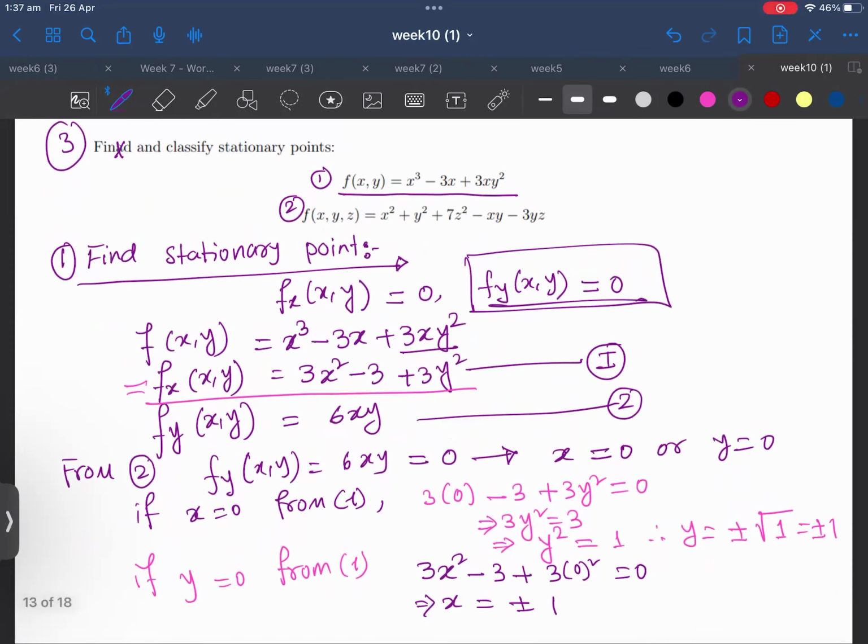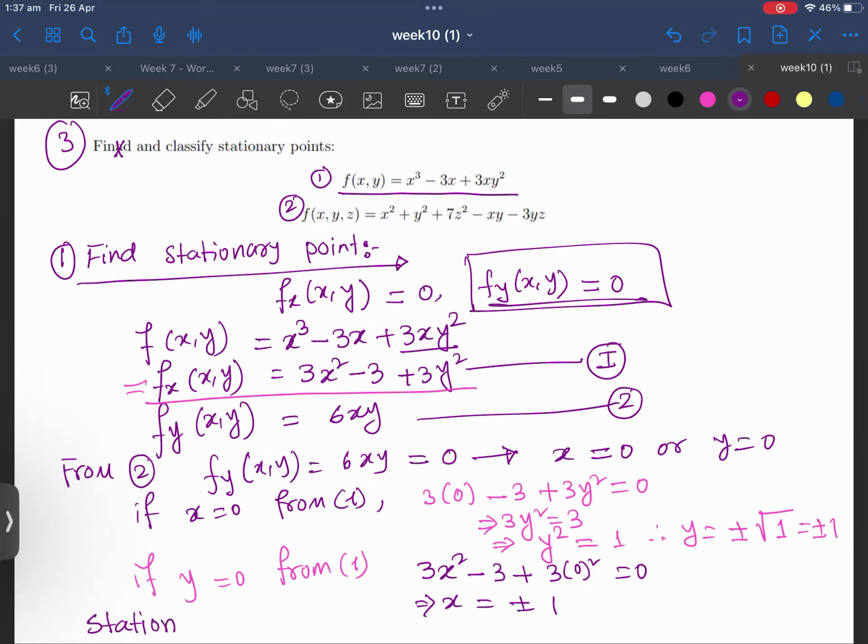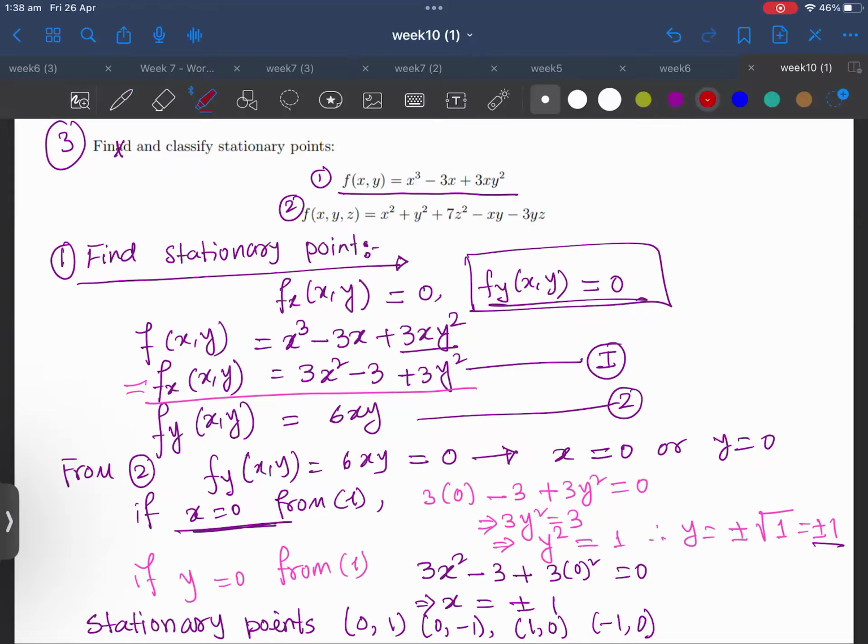So we have the stationary points here: (0, 1), (0, minus 1), (1, 0), and (minus 1, 0). So here is a total of four stationary points.